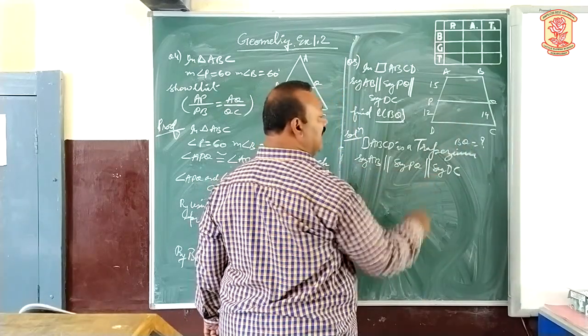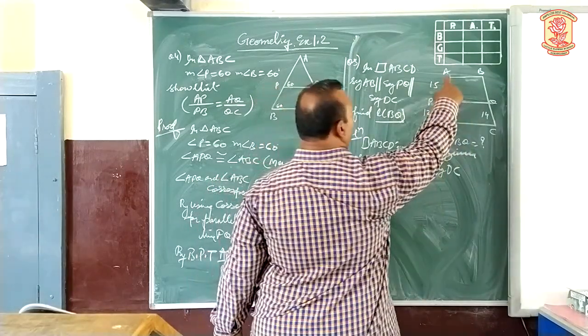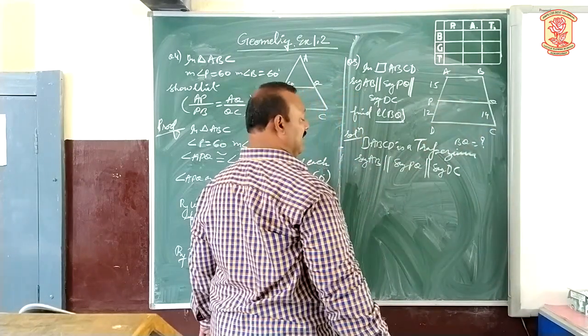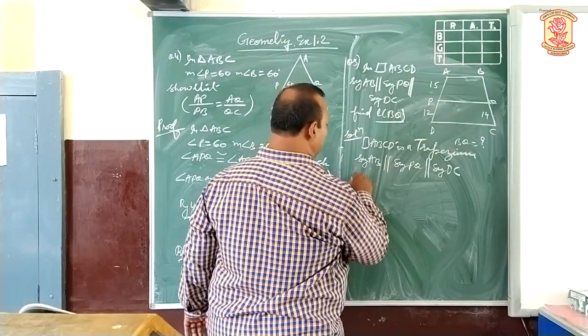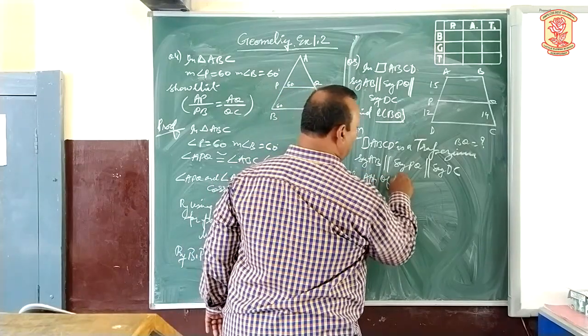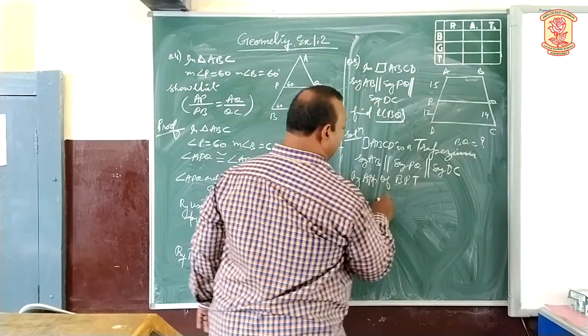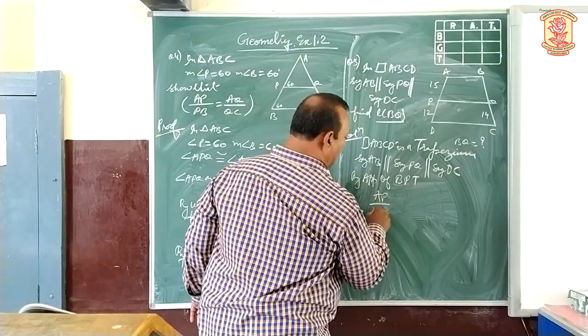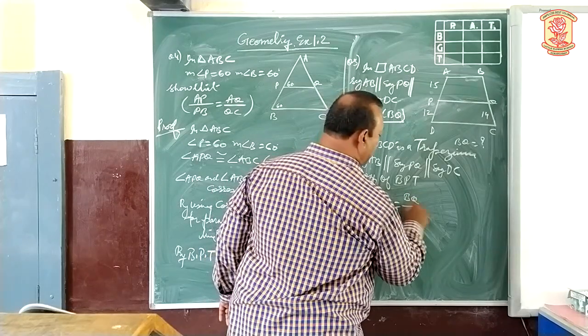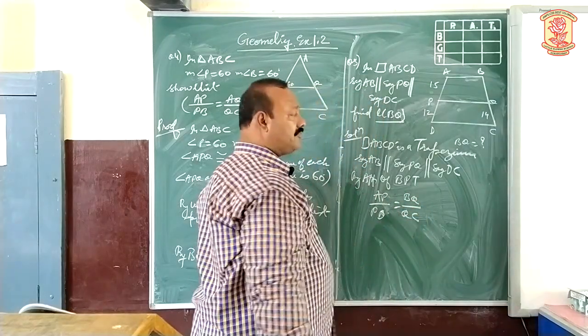All these three are parallel lines, and two transversals are there. One is AD, the other transversal is BC. Directly make use of the application of BPT. Length of AP upon length of PD equals length of BQ upon QC.